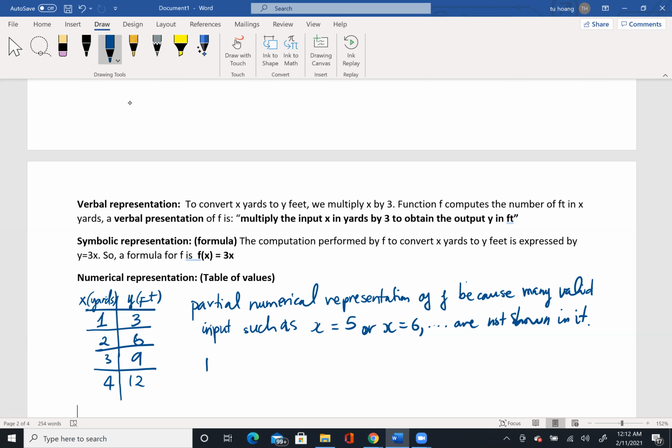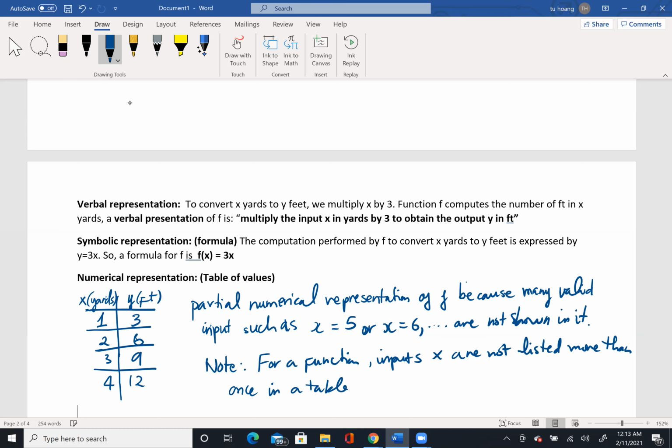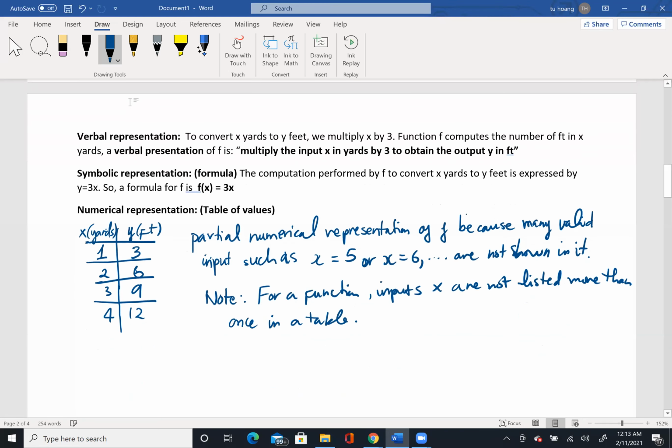So remember that, note that. If this is a function, then for a function, an input x is not listed more than once in a table. What does that mean? Let me move up here.